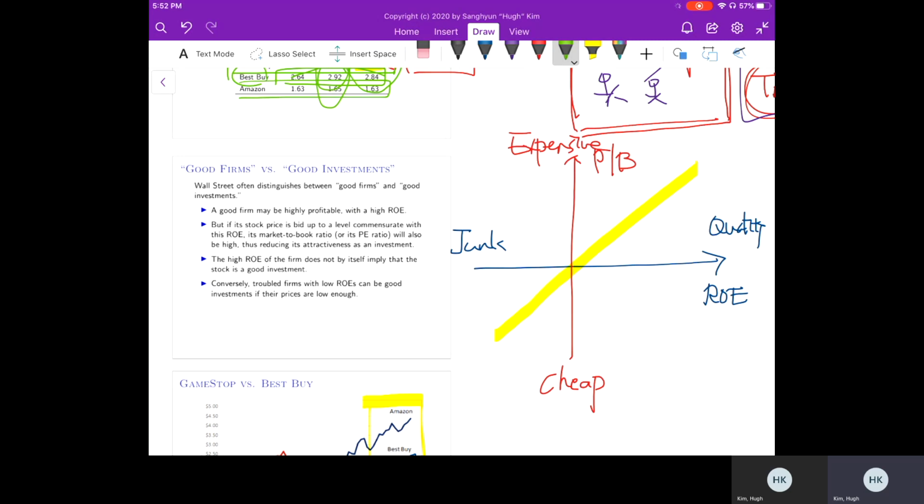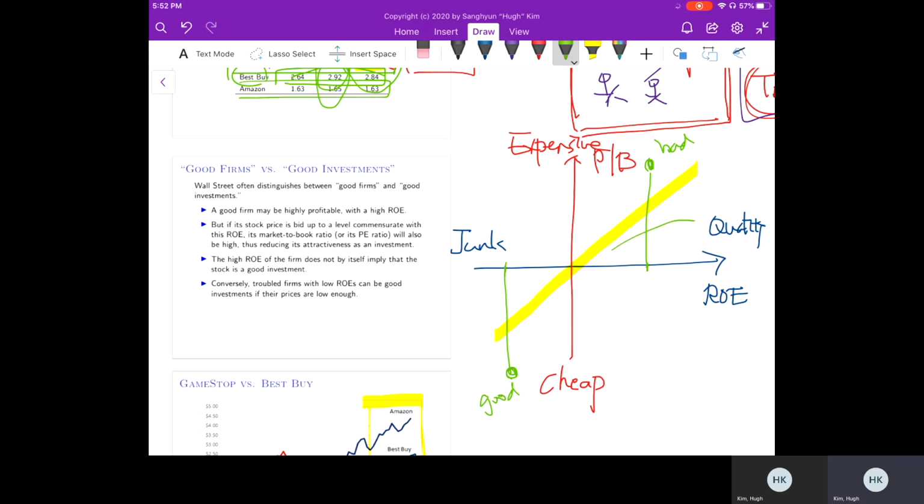So even if it's a quality firm, if it's too expensive, then it could be a bad investment. And a low quality firm, if it's cheap enough, then it could be a good investment as well.